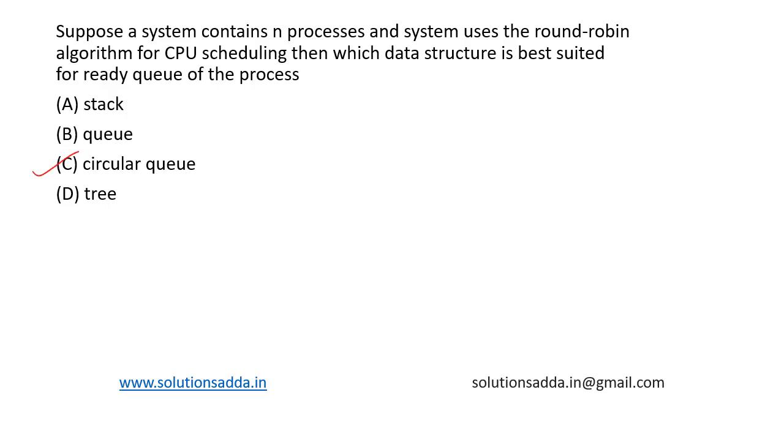In round robin scheduling, if the timer goes off first, then the process is swapped out of the CPU and moved back at the back end of the ready queue. So the ready queue is maintained as a circular queue. So when all processes have had a turn, then the schedule gives the first process another turn and so on. So a circular queue would be best suited for a round robin scheduler.